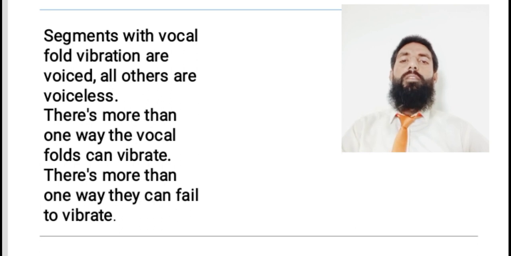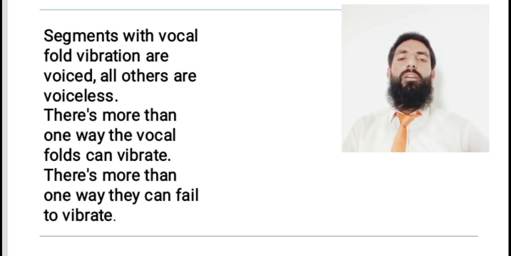Segments with vocal fold vibrations are voiced, all others are voiceless. If the sounds are related to vocal fold vibration, then we are able to produce voice and they are called voiced. All others are voiceless because the vocal folds do not vibrate.